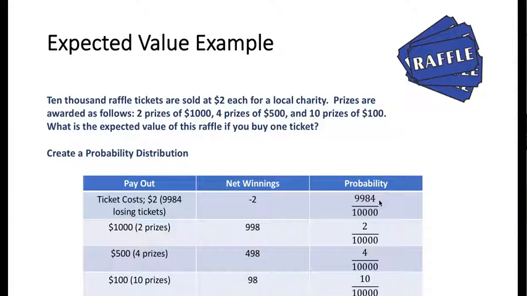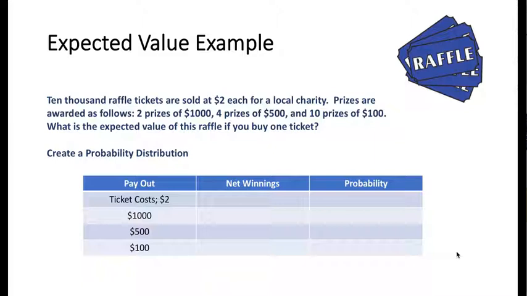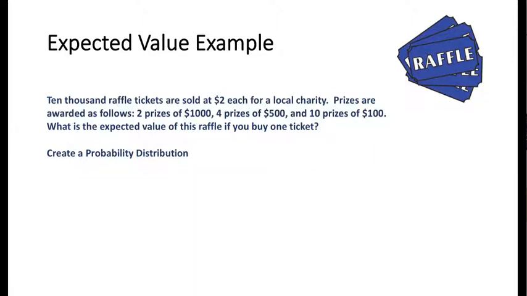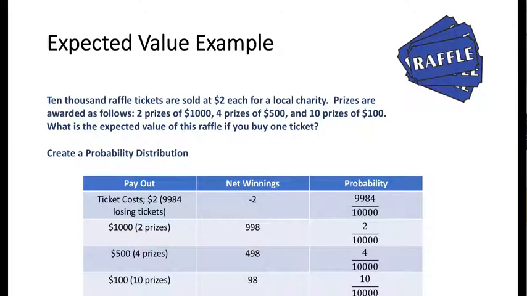Okay, now let's look at these associated probabilities. Sorry about that. So the probability of losing $2 is going to be 9,984 out of 10,000. Now, how did I get that number? Well, there are 2 $1,000 prizes, 4 $500 prizes, and 10 $100 prizes.